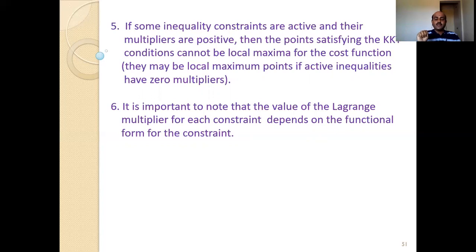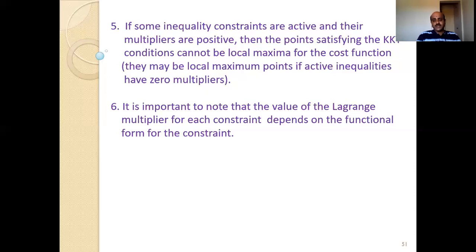Then the 6th point is, it is important to note that the value of the Lagrange multiplier for each constraint depends on the functional form of the constraint. In the sense, when you are introducing the Lagrange multipliers, the value of the Lagrange multiplier for each constraint will depend on the functional form of the constraint.